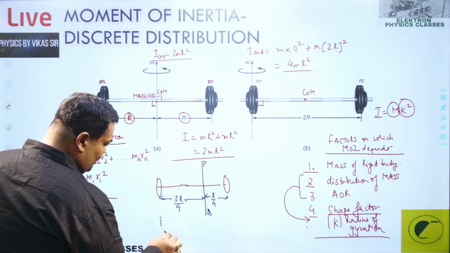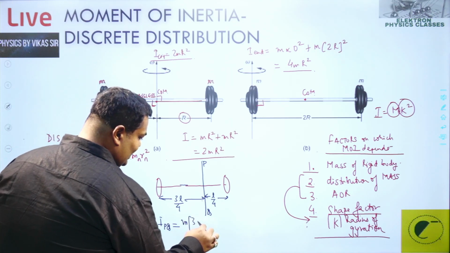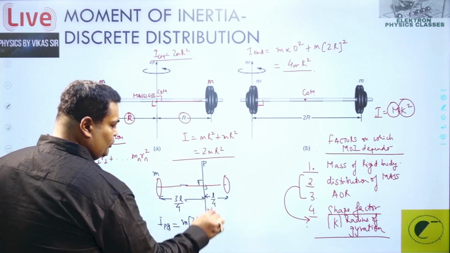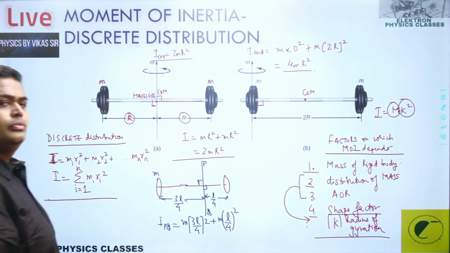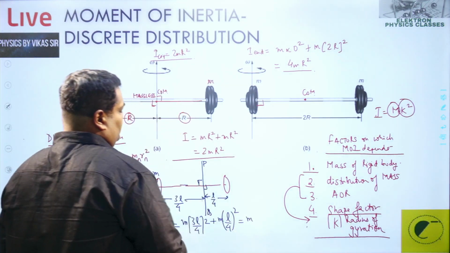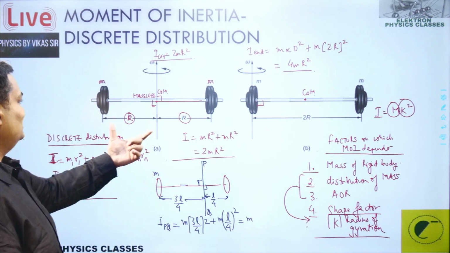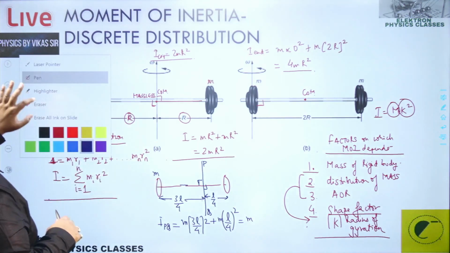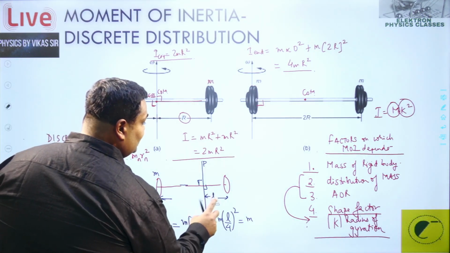So the moment of inertia about a PQ axis should be equal to m into 3L by 4 whole square, the distance of this particle from the axis, and for the second particle, m into L upon 4 whole square. Correct? Let's see, in this case, since the distance is 2r over here, let's take the terms according to this only, such that we are able to relate to this article.